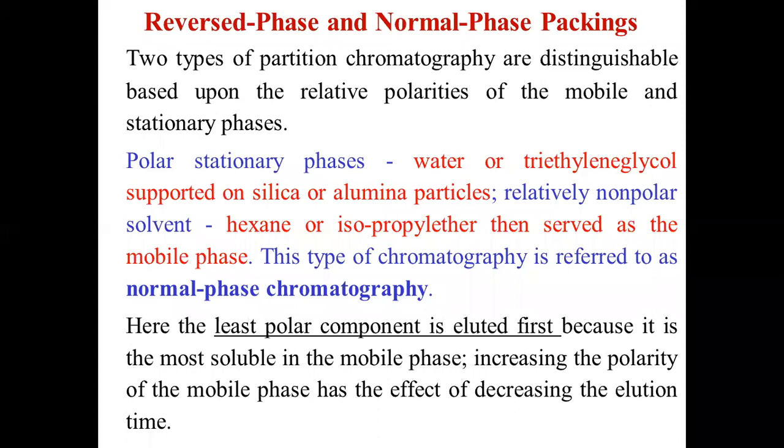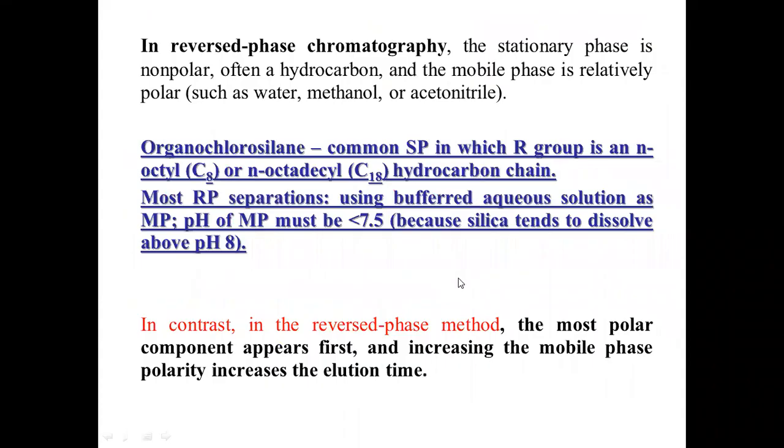Therefore, their average residence time or retention time is going to be larger compared to intermediately polar and non-polar solutes. The mobile phase is non-polar, and if any non-polar solutes are present in the sample during the elution step, the mobile phase will carry them out of the chromatographic column. Therefore, non-polar solutes will elute first, then intermediately polar solutes, and at last the more polar solutes will be eluted while using normal phase chromatography.